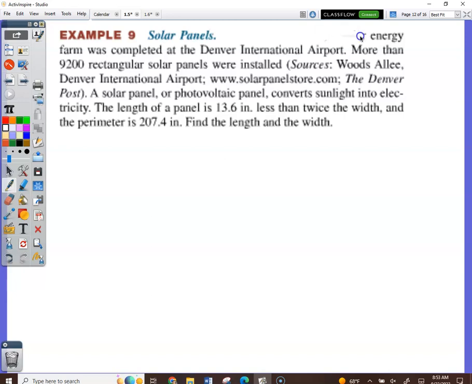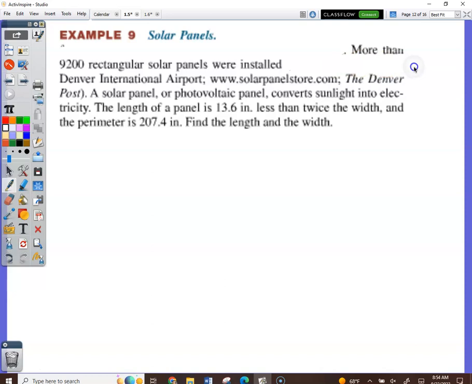No, I mean, that gives you a context of what you're visualizing, but does it matter? Nope. More than 9,200 rectangular solar panels were installed. Here's our source. We definitely don't care about the source. Do we care about how many panels were installed? Do you?